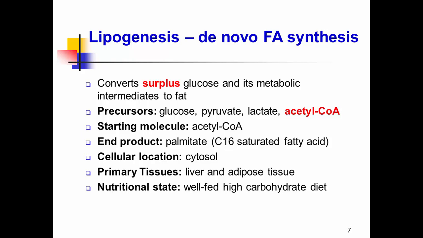The cellular location is the cytosol, and the primary tissues are the liver, adipose tissue, and also skeletal muscle. The nutritional state, or physiologic condition, in which it is more active is the well-fed, high carbohydrate diet state.